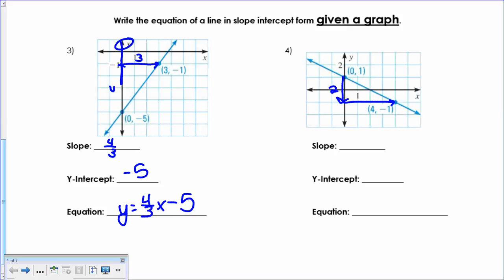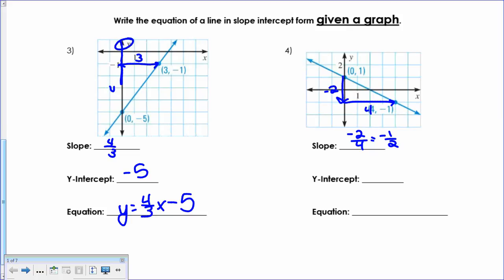And how far am I going over? 4. So rise over run, we have -2/4, which we can simplify to -1/2. So our slope is -1/2.